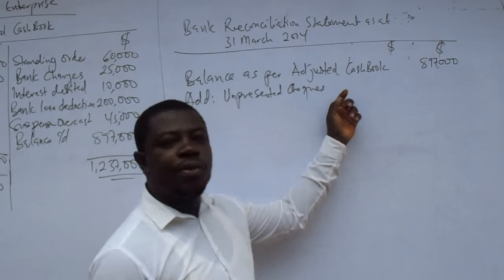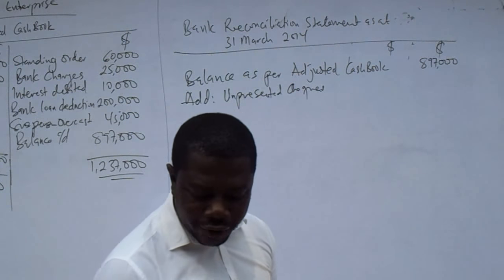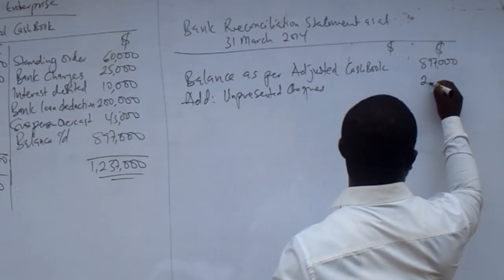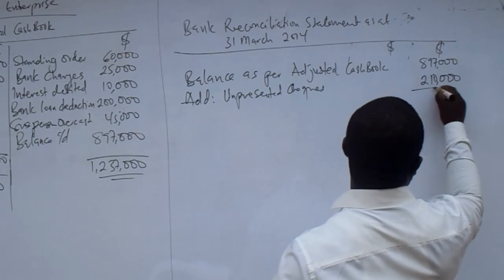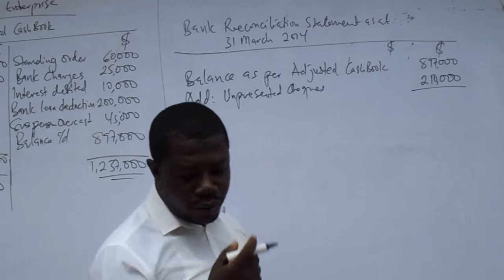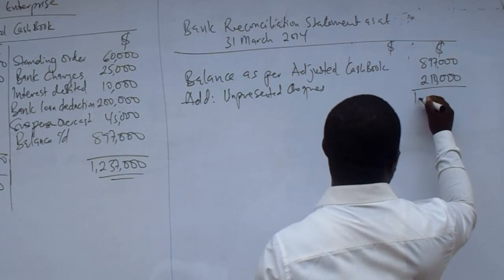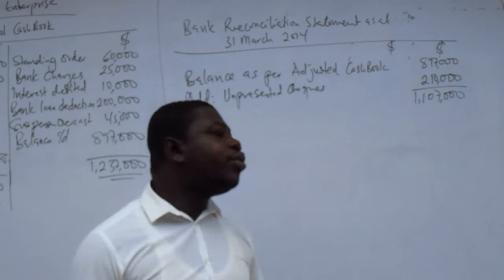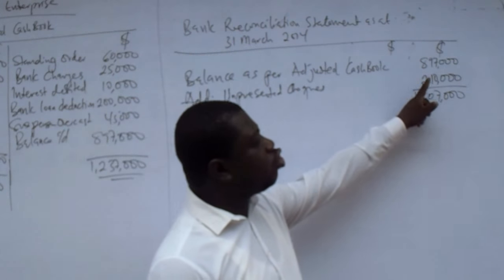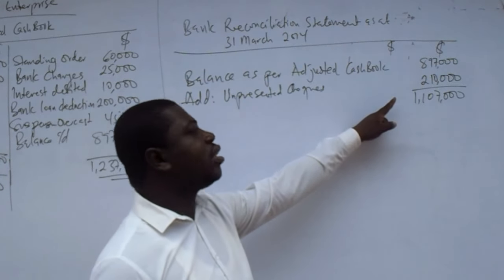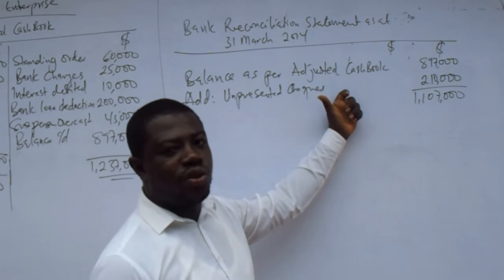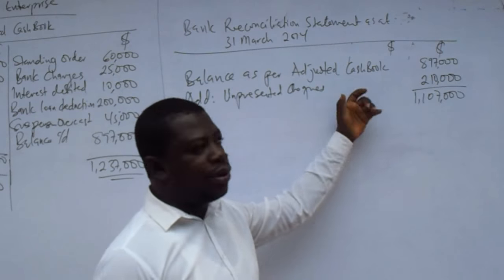Okay, so we add our unpresented checks, and we have a total of 1,107,000. Now, mind you, I brought unpresented checks straight away here because there was no wrong credit attached to it in this question, and there was no errors to be corrected.